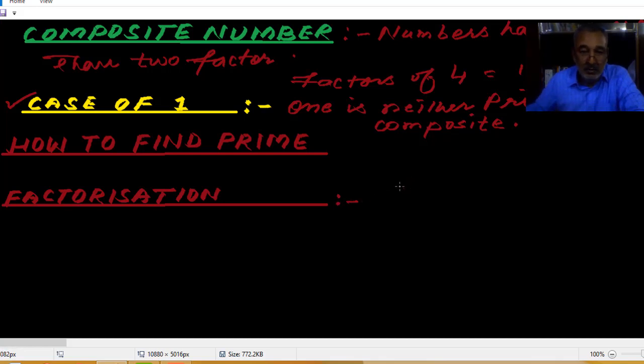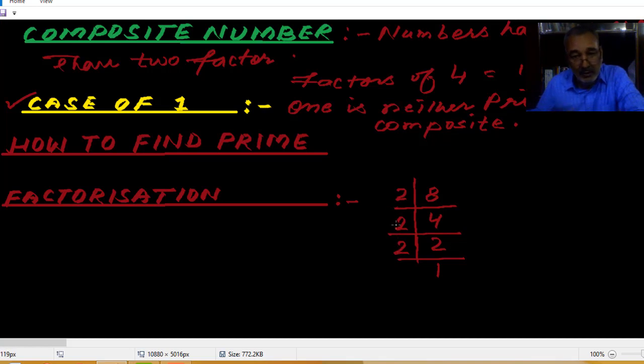Let's take an example. If I want to factorize 8, then what should we do? I will divide it by 2 first. So 2 fours are 8. Next step, divide this 4 by 2. You will get 2 once again. And these are prime factors.